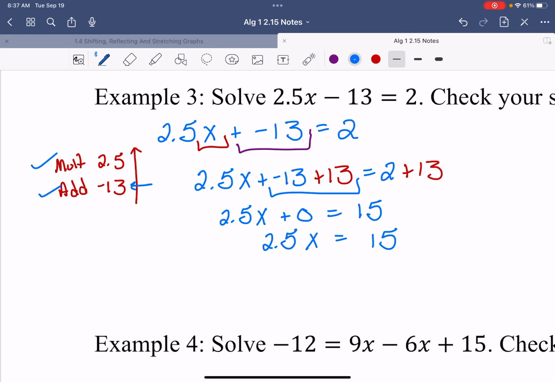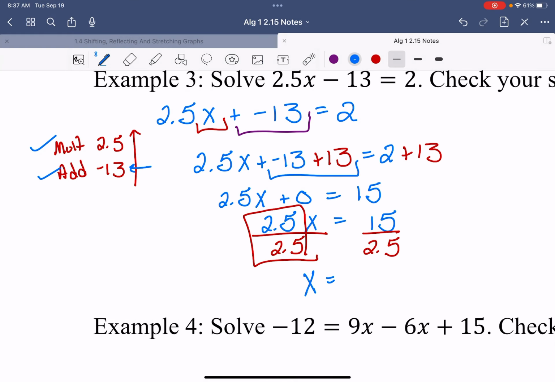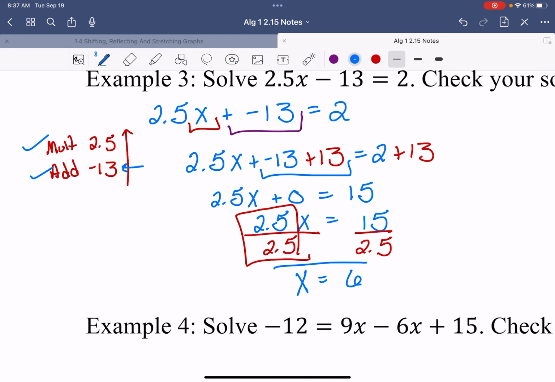Now we need to undo my multiply by 2.5. To undo a multiply by 2.5, I need to divide both sides by 2.5. 2.5 divided by 2.5 is 1, so I have 1x. And now 15 divided by 2.5 is 6. x equals 6. So now I'm going to check my work.